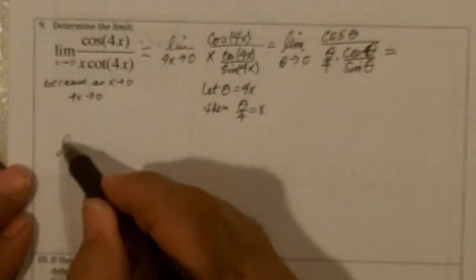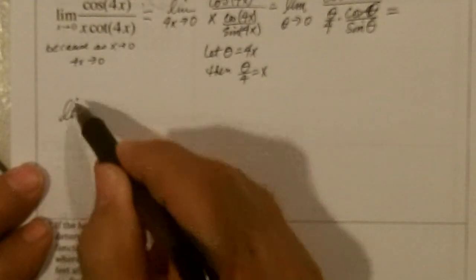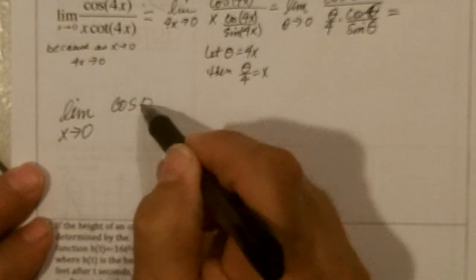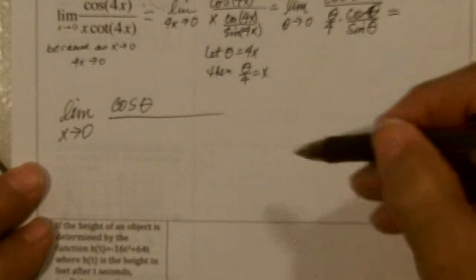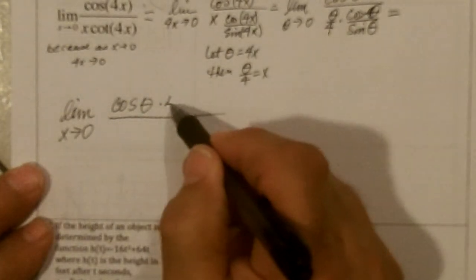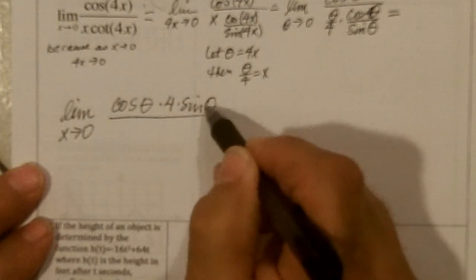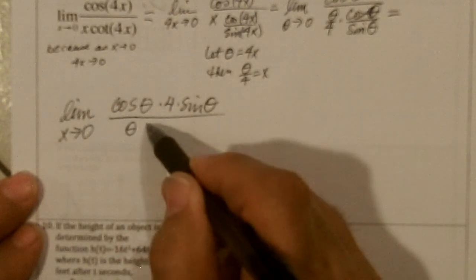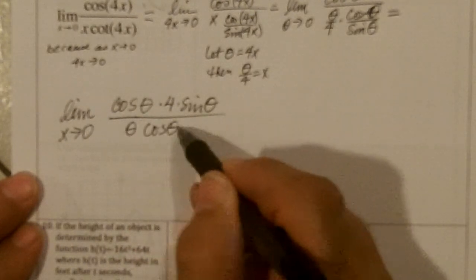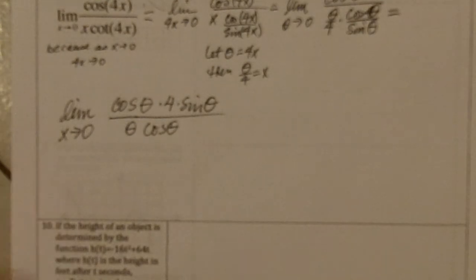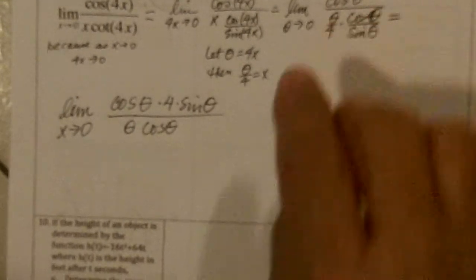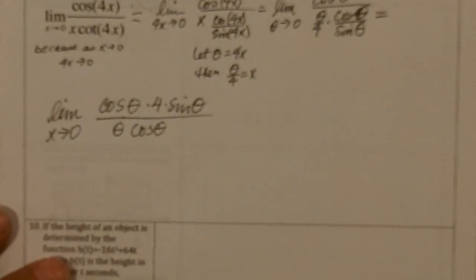So I get the limit of cosine theta over, and then I'd have the 4, and the sine theta would multiply in the numerator, times 4 sine theta over theta and cosine theta. So that's invert and multiply, so the 4 sine theta goes in the numerator, and those stay right there in the denominator.